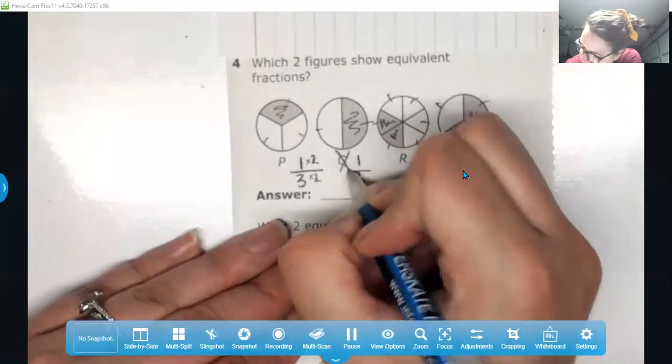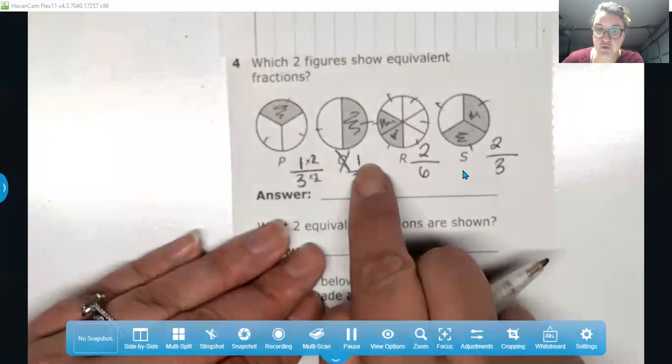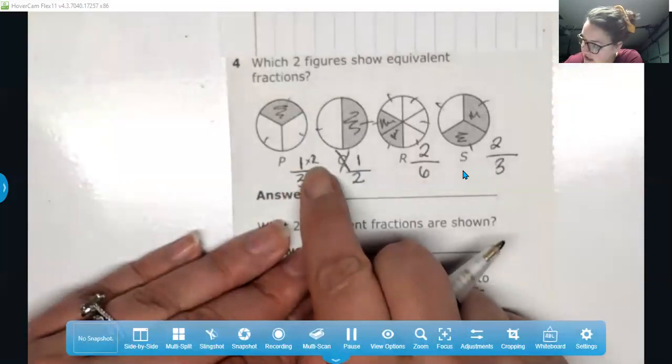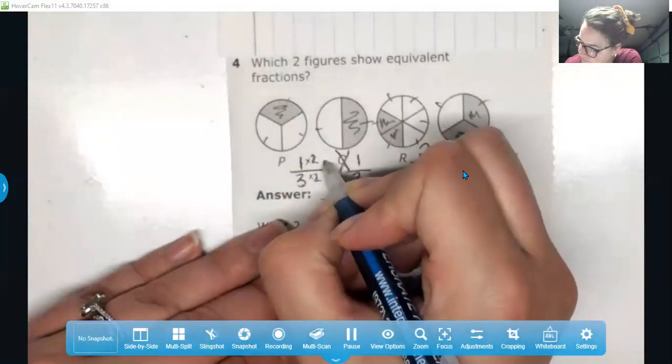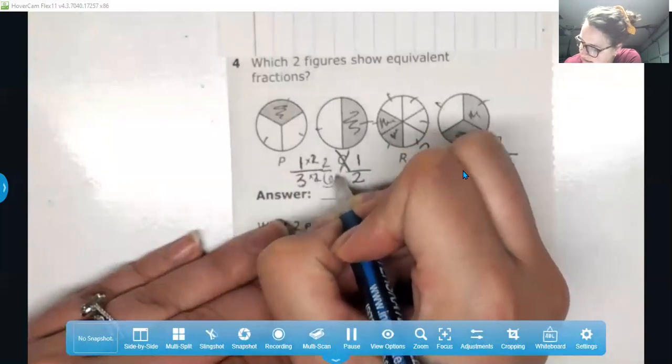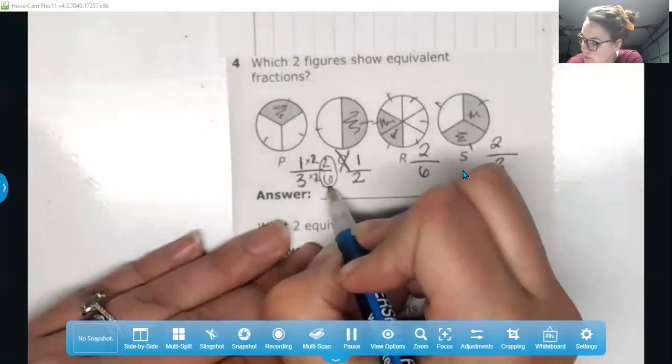So this one's not going to work, because if I do the same thing to the top and the bottom, it's not going to be 1 in the numerator. So let's now go to the bottom. 1 times 2 is 2. 3 times 2 is 6. If I do the same thing to the top and the bottom, look at what I got here.